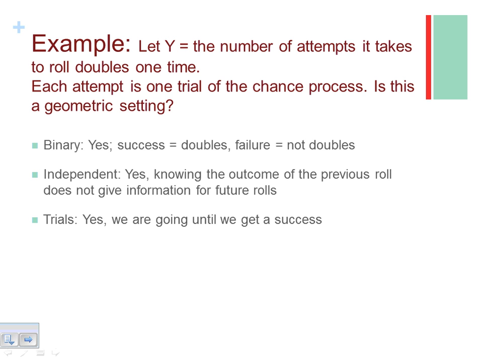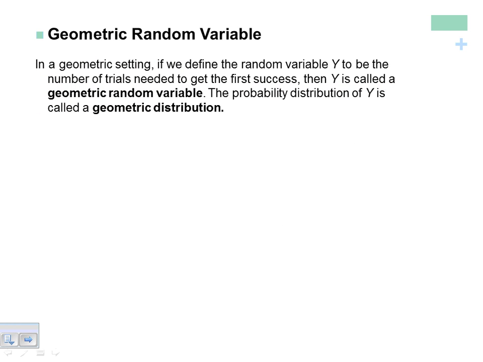So the trials, are there a fixed number of trials, or are we going until we get a success? It says that we're going to keep rolling until we get doubles. So yes, it would be geometric there. Success, yep, the probability of success is always 1/6. So we are good.